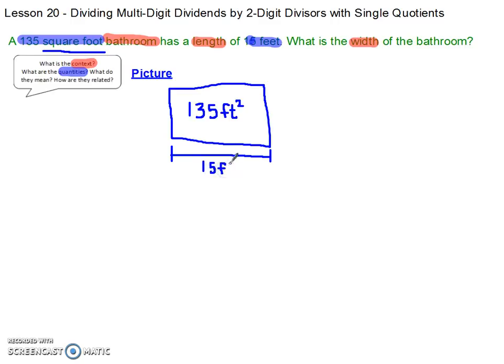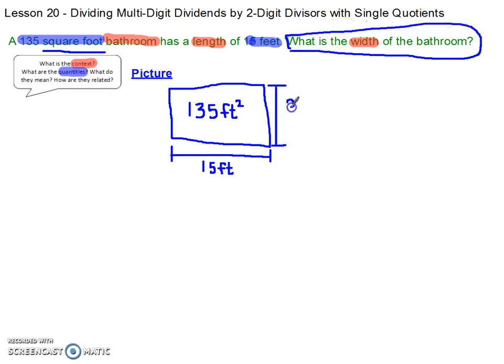So it's pretty obvious in looking at this drawing that we're missing a measurement, and that's exactly what the question is asking us. What is the width of the bathroom? Now, within our picture, we can also start taking a look at what's the action that we're doing.